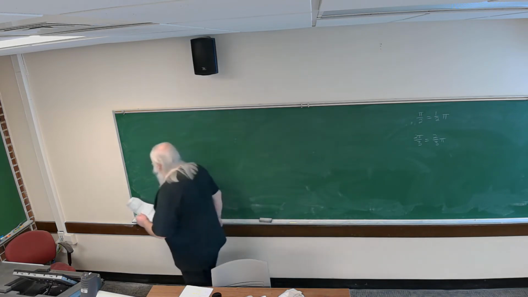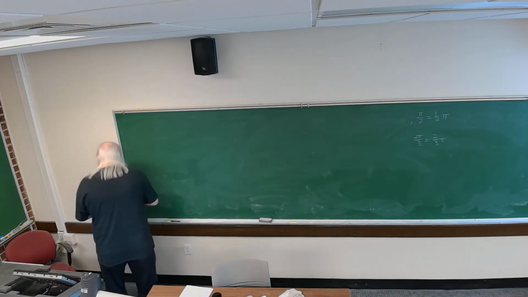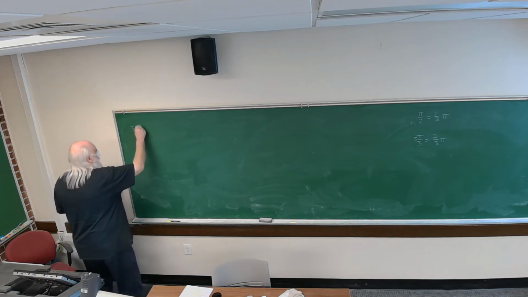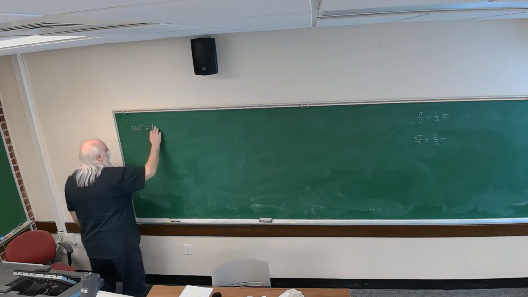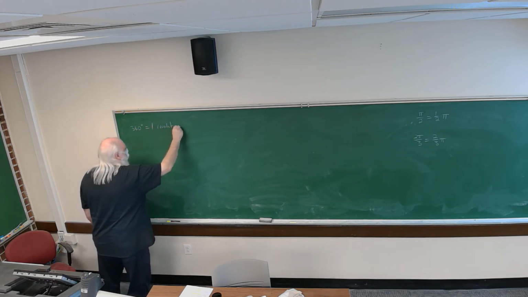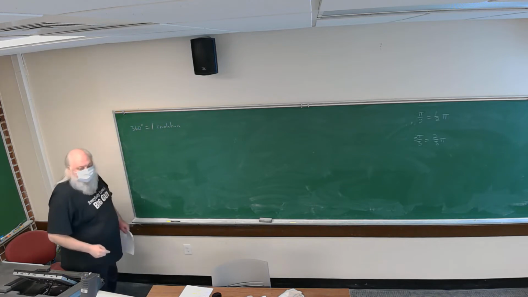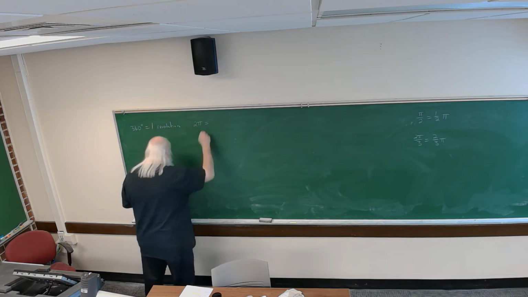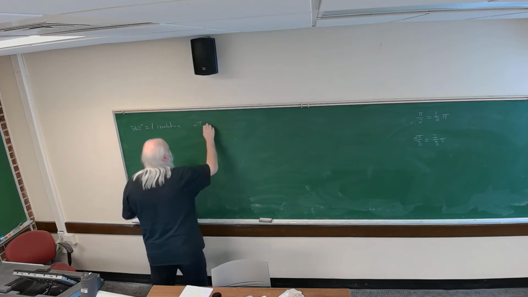So 360 degrees, we know, is equal to 1 revolution. And we know that 2 pi radians is also equal to 1 revolution.